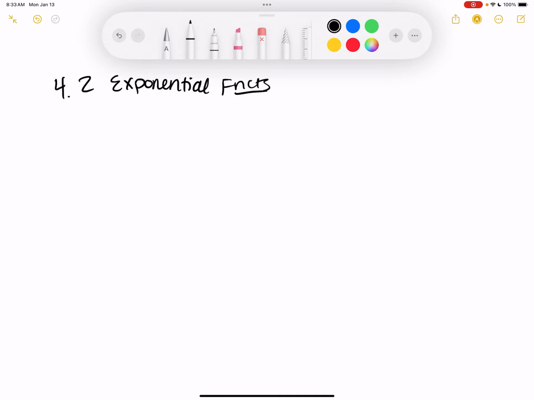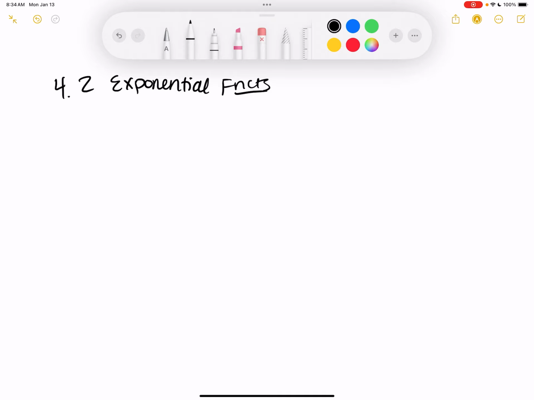I just do it using a table. There's other ways you can do it with shifts and stuff like that, like we would have done with parabolas, but I usually just do plotting points. It's the easiest, and with 3 points you can literally make an exponential graph. So we're just going to do it that way.